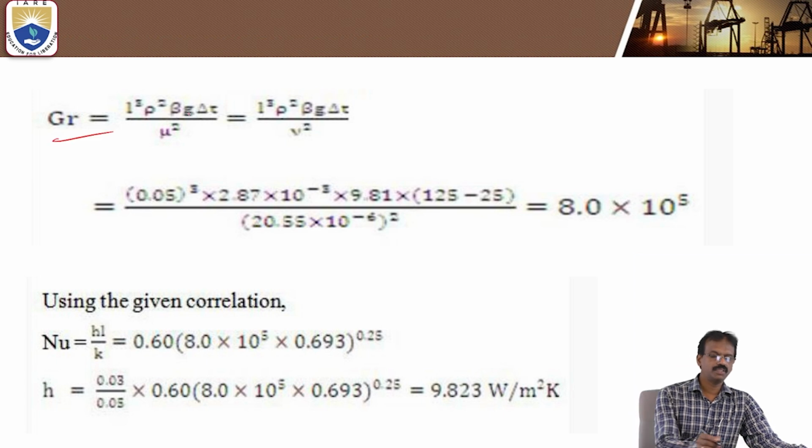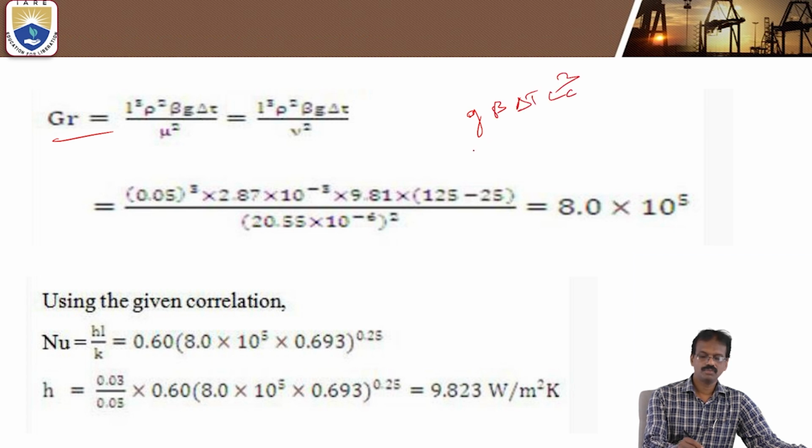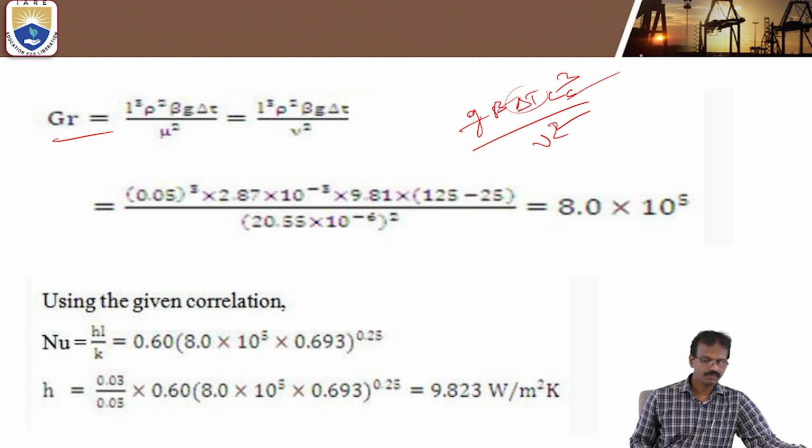So Gr is equal to that formula: g beta delta T Lc cubed by kinematic viscosity squared. If you substitute g, beta, the temperature difference, and Lc, the characteristic length, all divided by kinematic viscosity squared.